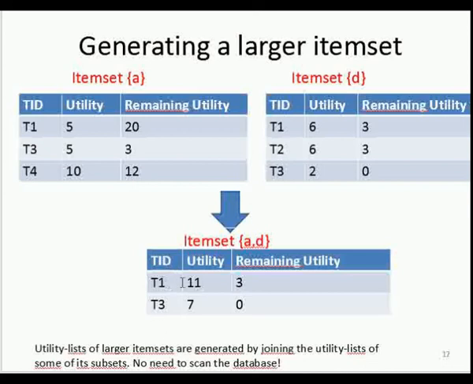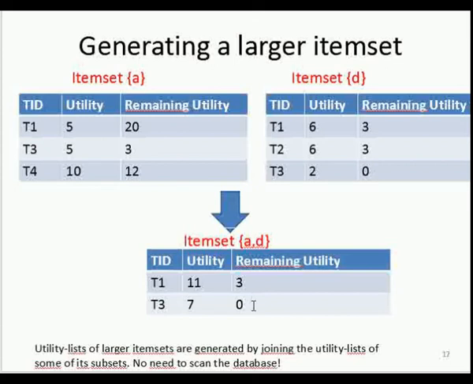For T1, we add 5 for item set A, and we add 6 for item set D. So 5 plus 6 equals 11. Then for T3 we add 5 and 2, so 5 plus 2 is 7. And for the remaining utility, in T1 we take the minimum of 20 and 3, so the minimum is 3. And for T3, we take the minimum of 3 and 0, so the result is 0.